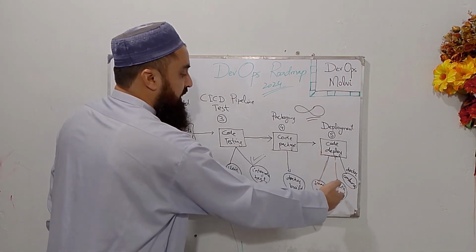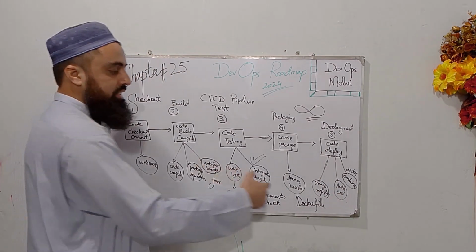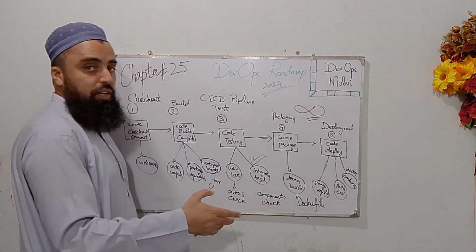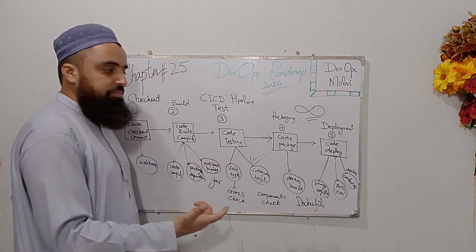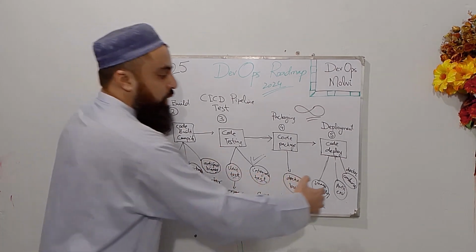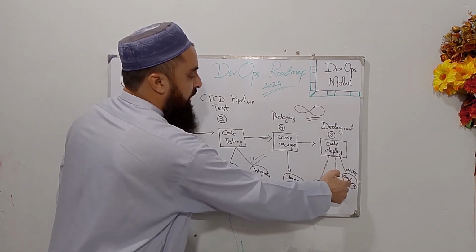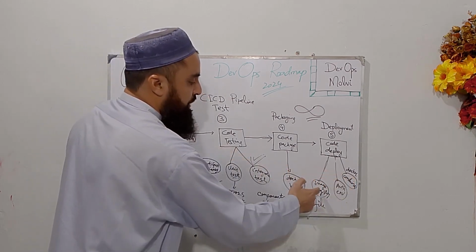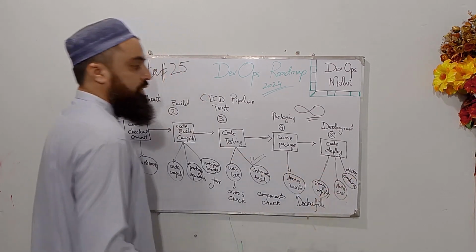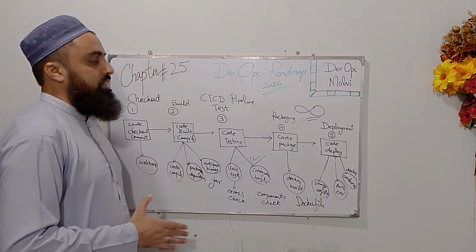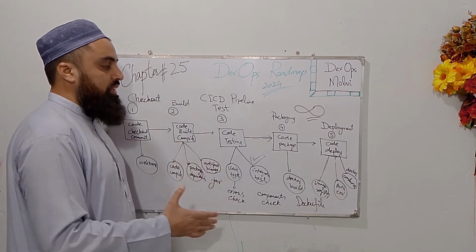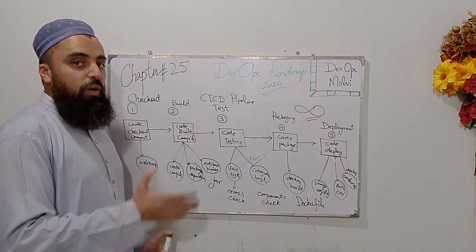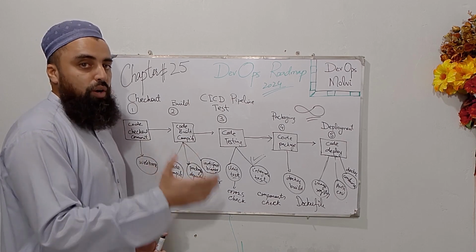Then we authenticate with our cloud environment, or it can be our VM, so that we can deploy our Docker image. The final step is to run the docker run command, so that we can run our Docker image in a Docker container.